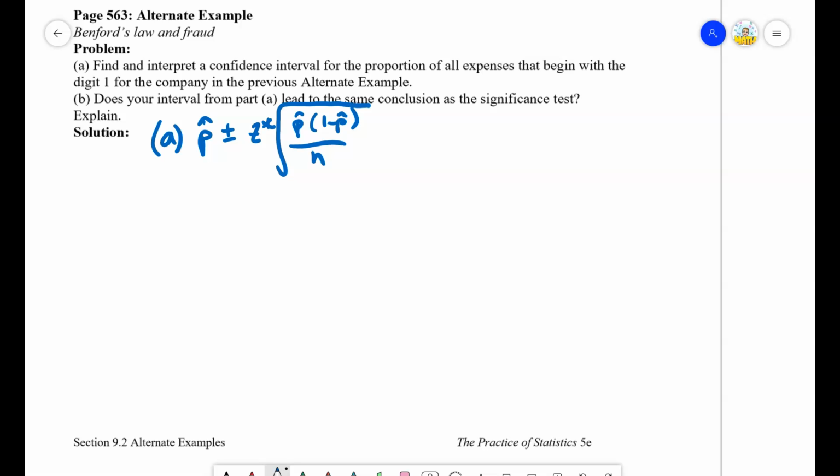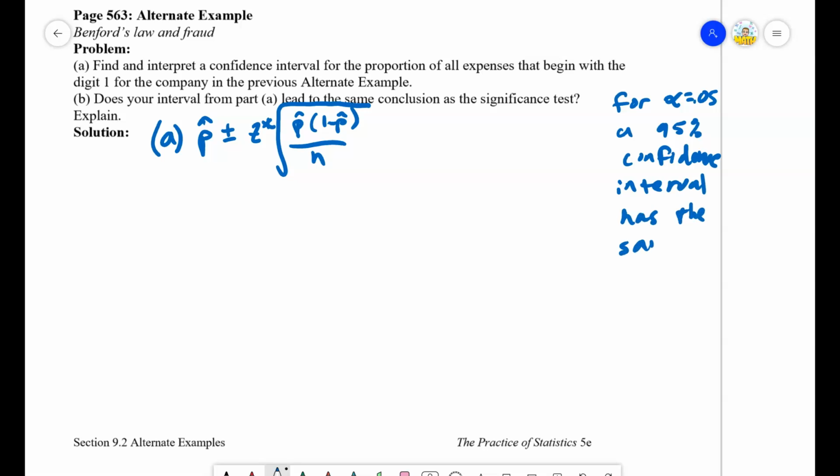So when I calculate this confidence interval, since we did a significance test for alpha 5%, a 95% confidence interval has the same meaning as a two-tailed test.